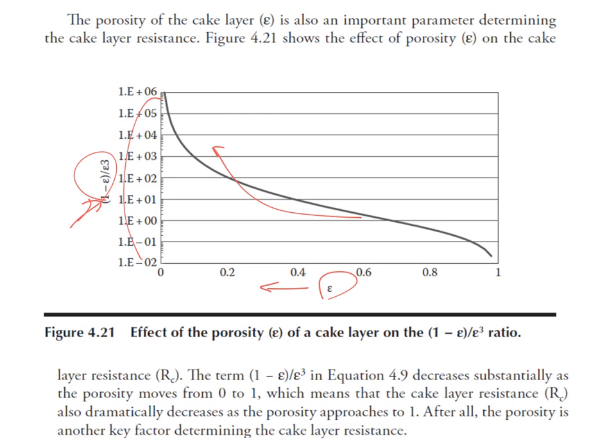It is log scale, which means if you simply decrease the porosity from 0.6 to 0.4, we actually have an increase in cake resistance of almost 10 times. So you see that this particle size or block size is very important.